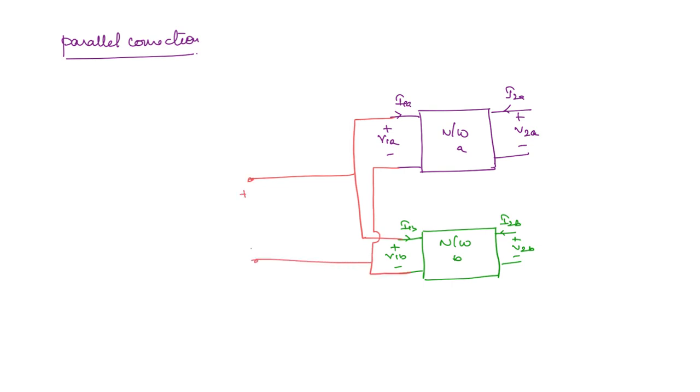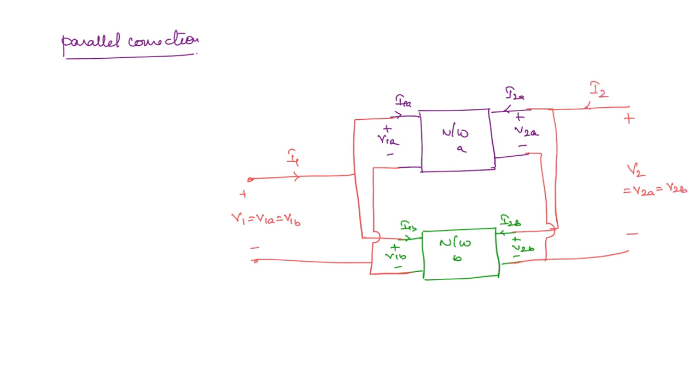So now you have V1 which is equal to V1A which is equal to V1B, and this current will be equal to I1. Similarly, here we have positive terminals you will connect and the negative polarities you will connect, and both of these you will take, so that V2 is equal to V2A is equal to V2B, and the current here is I2.